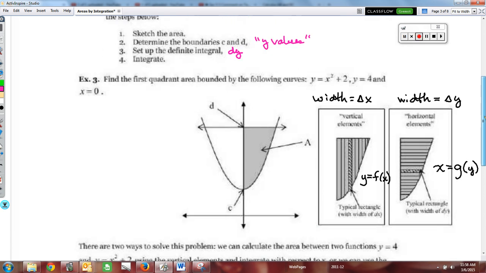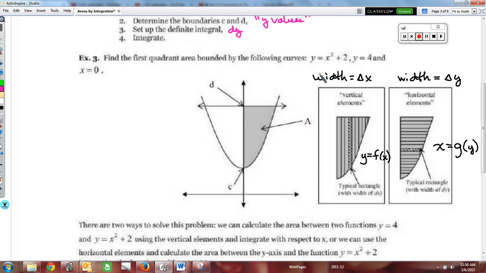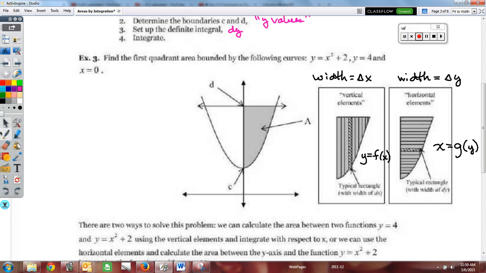All right, so let's take a look at this curve that we had. There's going to be two ways to calculate this area that we're looking at. Now, a couple of things to notice here, and this is kind of why I don't necessarily want to do this to the x-axis, because notice the x-axis is down here, and that's not part of the curve.